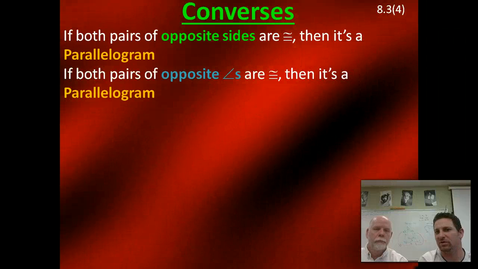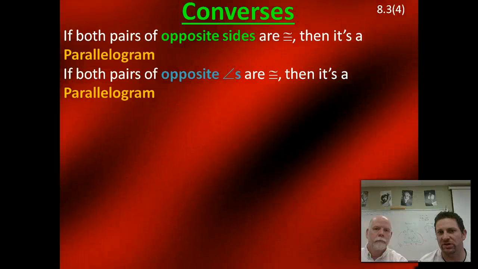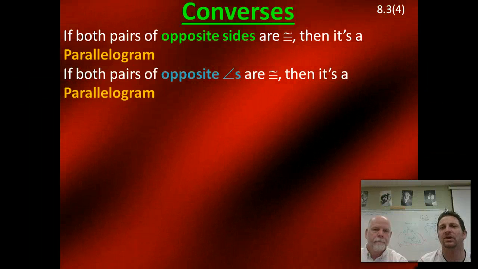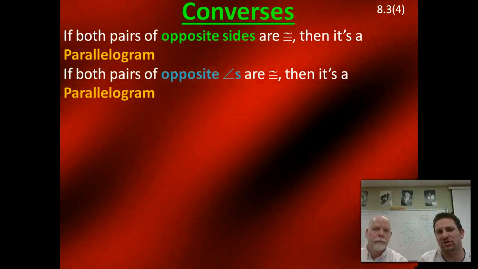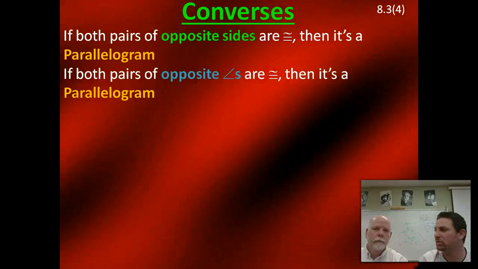Not really that different. So basically, this one says we can know something's a parallelogram if the opposite sides of a quadrilateral are congruent. Before, it was that in a parallelogram, opposite sides are congruent. So now if you just have a quadrilateral where opposite sides are congruent, then you have a parallelogram.